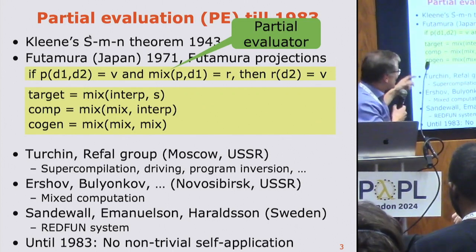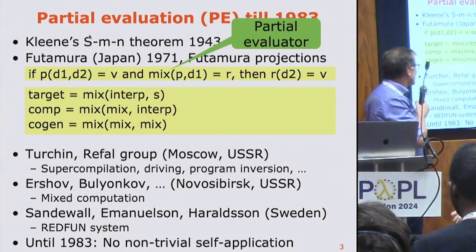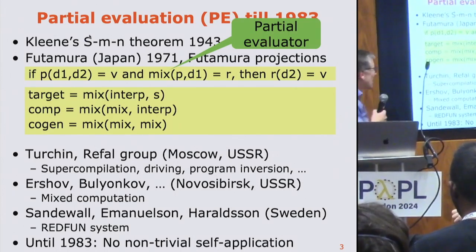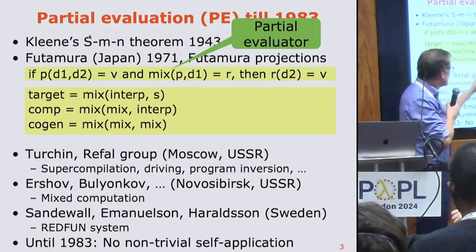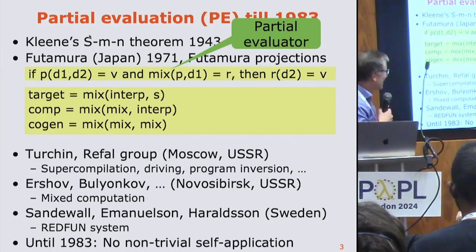And later on, when he was at Harvard, he added the third Futamura projection. Specializing a specializer with respect to itself produces a compiler generator.